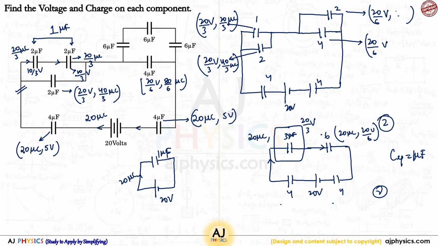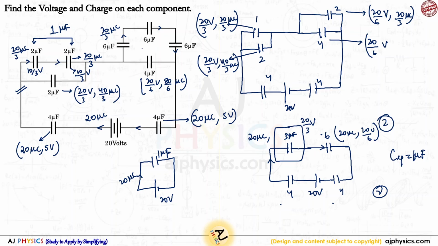This would be multiplied by 2. So that would be 20 by 3 microcoulomb. So the 20 by 3 microcoulomb passes through here, and in each of them it will be 20 by 3 microcoulombs.